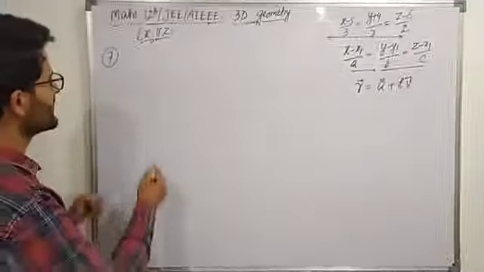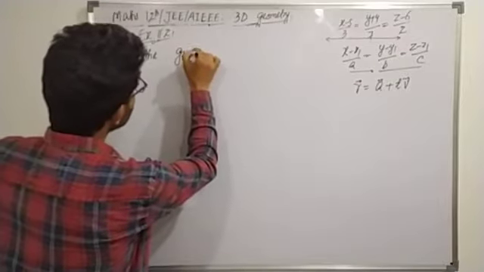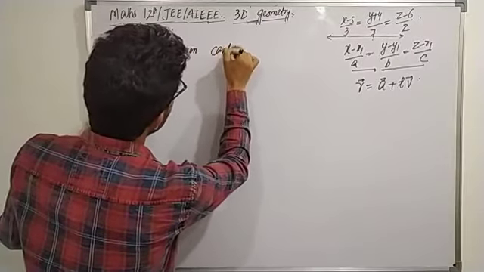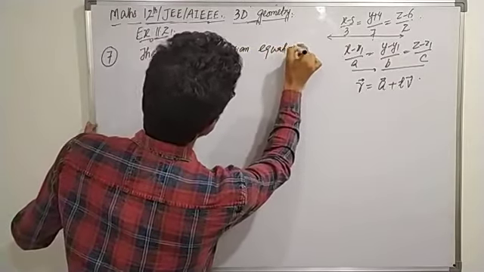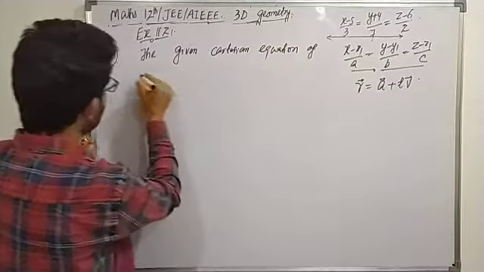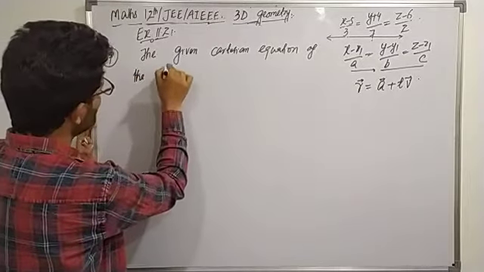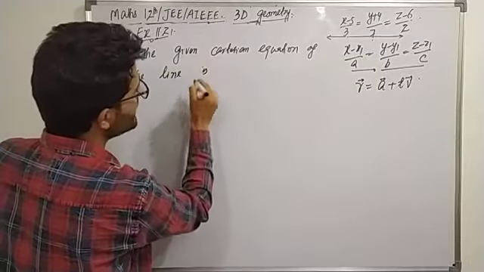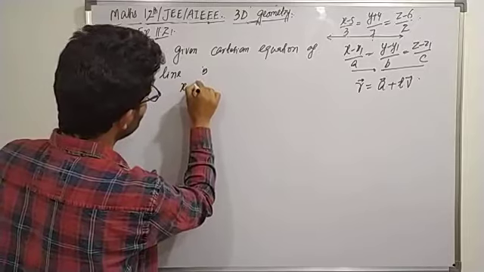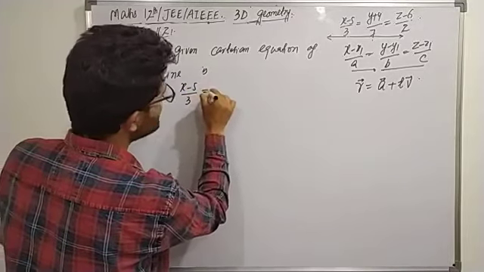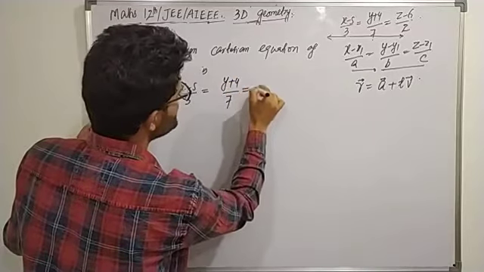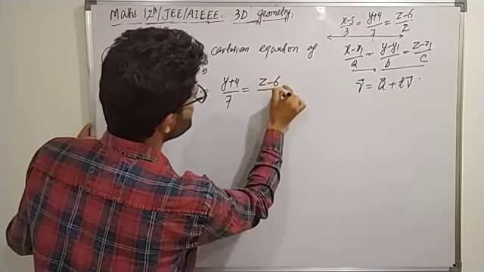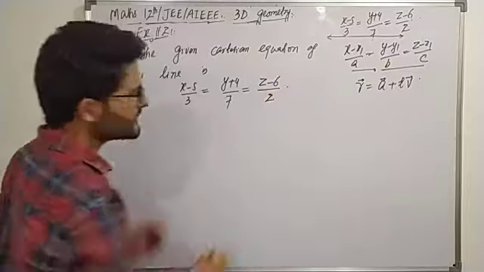So here we will mention the given Cartesian equation. The given Cartesian equation of the line is x minus 5 divided by 3, and that's equal to y plus 4 divided by 7, which is equal to z minus 6 divided by 2, right?